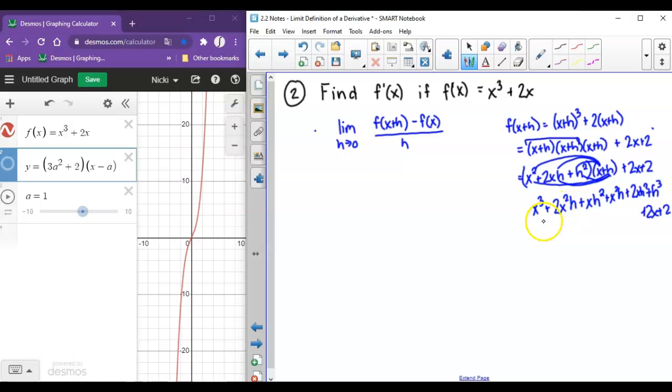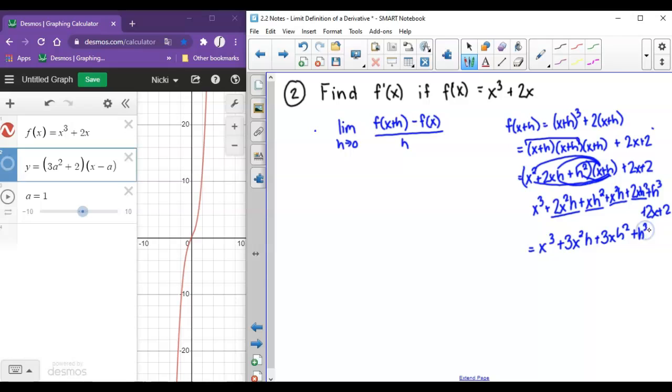And so if you combine your like terms, you'll have x to the third. Let's see, I've got a 2x squared h here and an x squared h here, so that's going to give me plus 3x squared h. And then I've got an xh squared here and another 2xh squared here, so I get a 3xh squared, plus the other three terms I cannot combine.